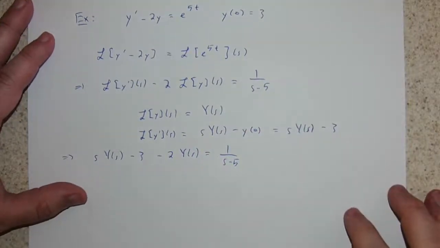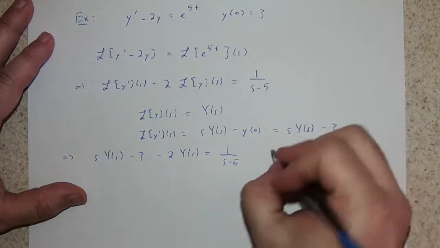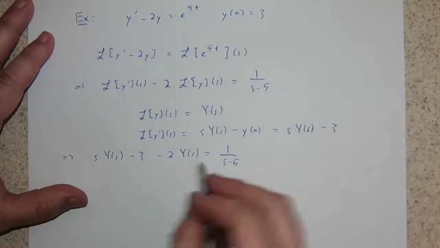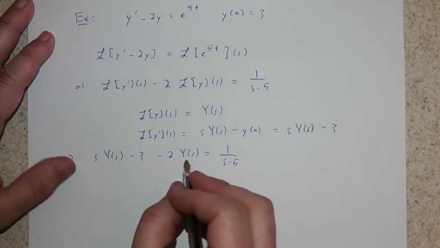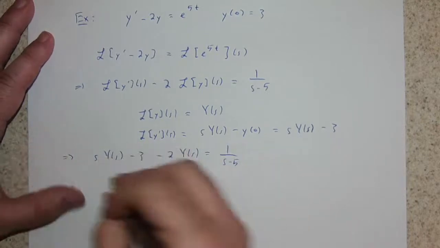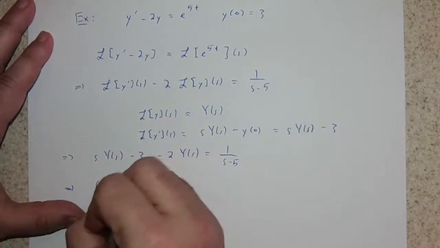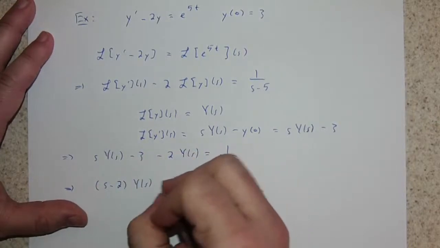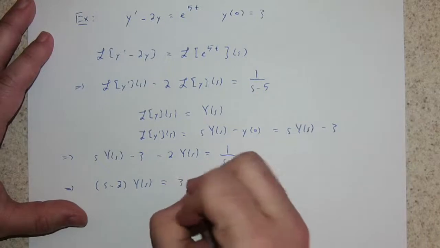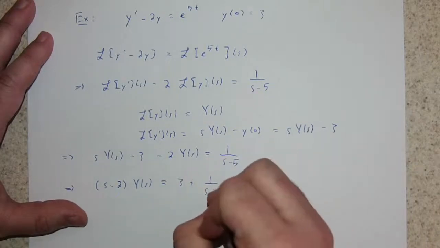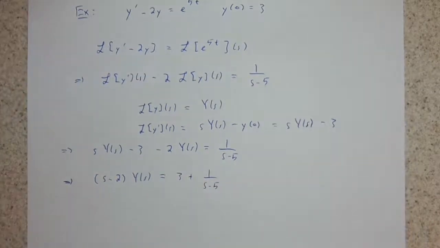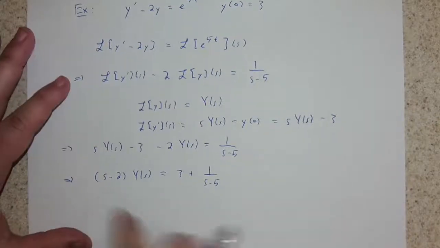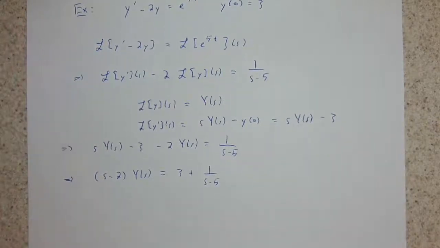Okay. So then I can add 3 to both sides and factor out big Y of s in the remaining terms. And what I get is (s minus 2) times big Y of s is equal to 3 plus 1 over s minus 5. Now I can divide by s minus 2 here.